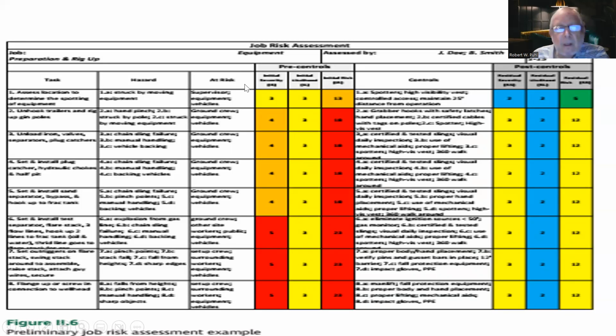I can't see what that says. Anyhow, that's a good idea too. It's kind of like what you just did. You have all these, you assess it, and then you put additional controls in, and you assess it again. You still have this over here. It's called your residual risk. You still have some risk, but it's the risk after you've applied all your controls.